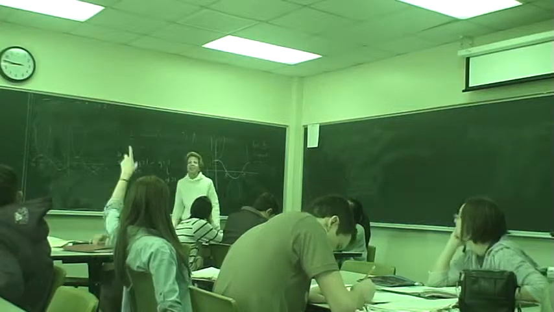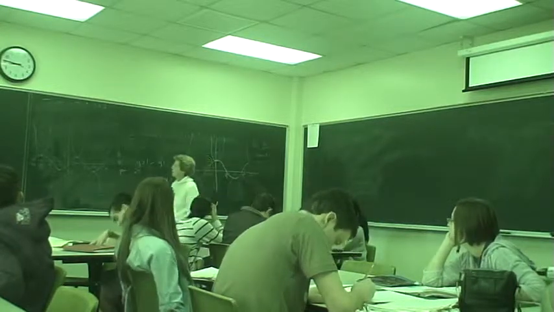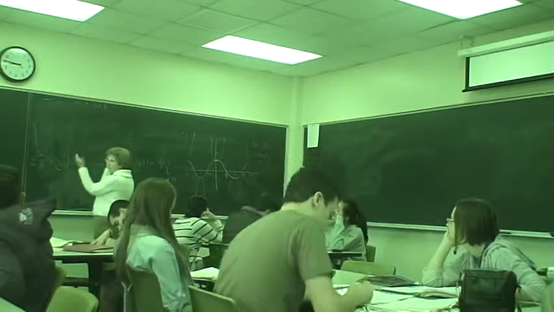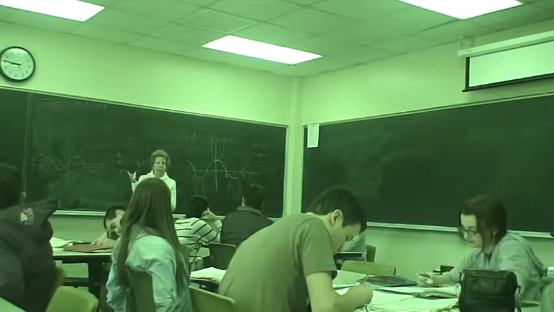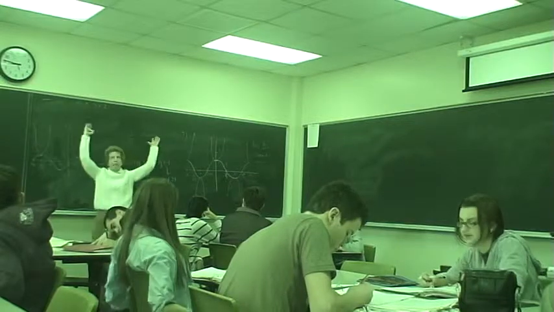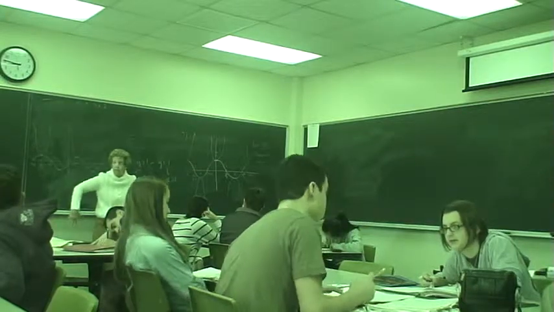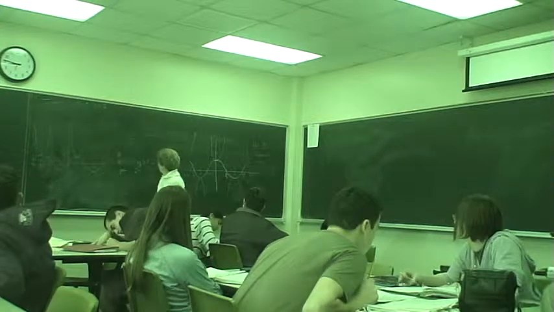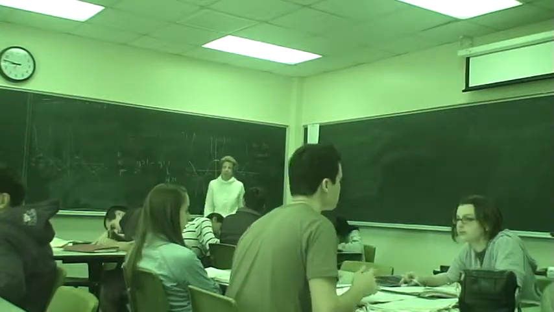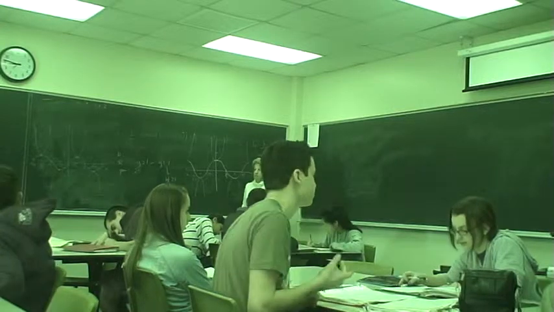Okay, the definition of period is how far do we have to go in the x's to use up all the y's that we're ever gonna use up, to get the pattern. So we need a guy going up, and we need a guy going down. So it takes 2 pi to get that.